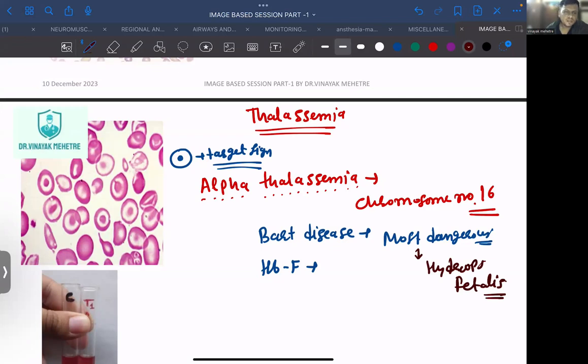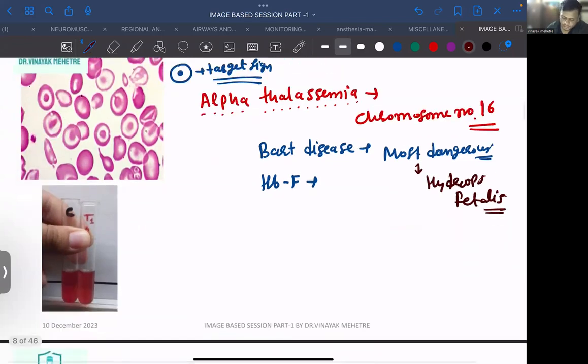Hemoglobin H is the most severe living form. Among the living, the most dangerous is hemoglobin H. Bart disease will not survive. Then comes beta thalassemia.